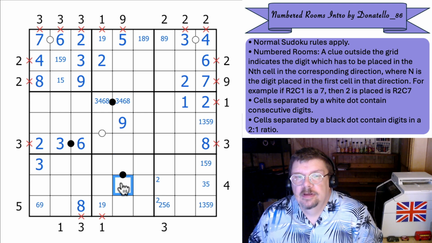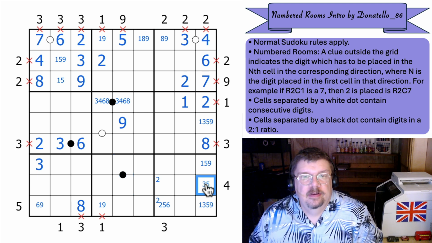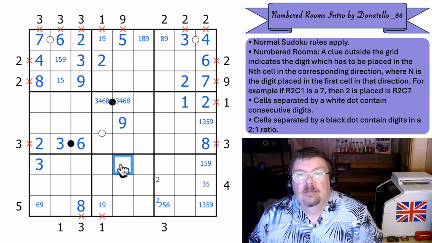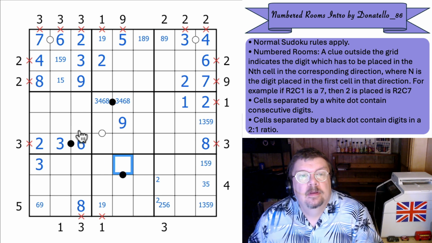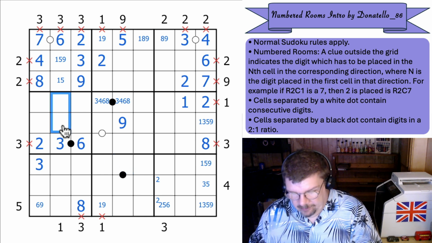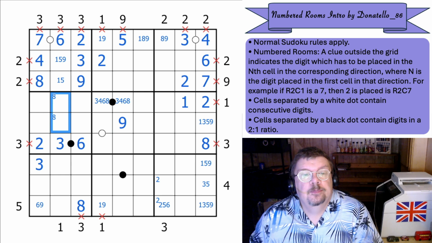Because that could easily be a 4 if that's a 5. And then that would be 2 or 8. Maybe I just need to do some Sudoku. Might be an idea. So I have an 8 in one of those two.